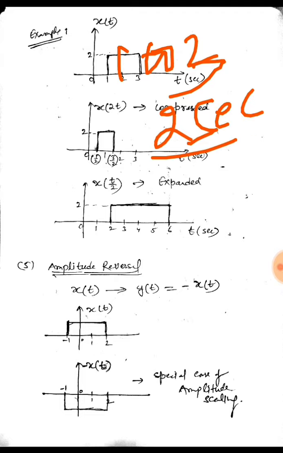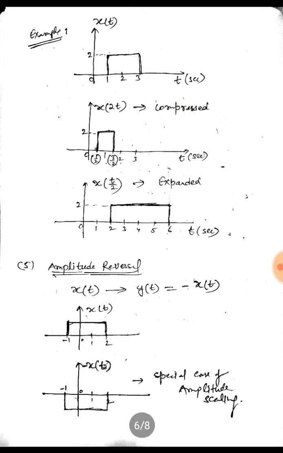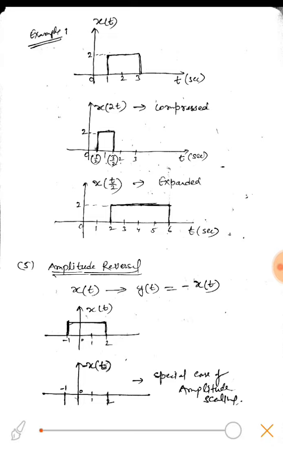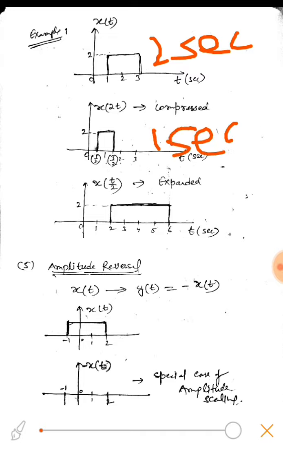Now, since we have compressed the signal by 2 units, it is defined for 1 second in x(2t), that is from 1 by 2 to 3 by 2.